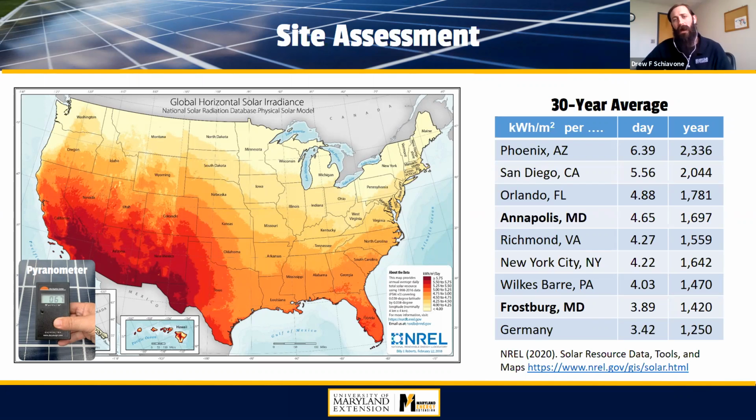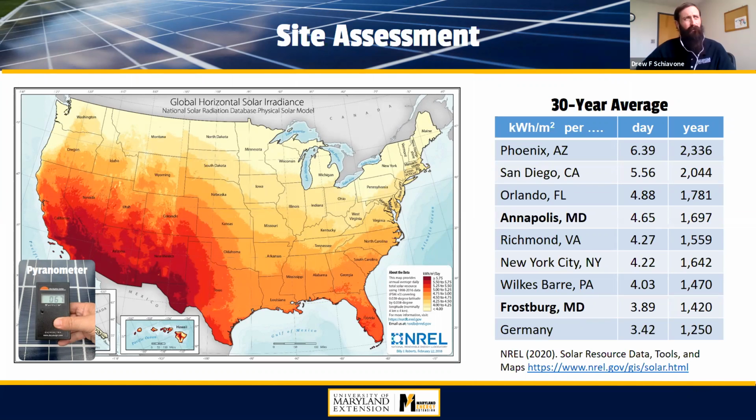The one thing I will point out is a common example that's brought up: what's happened in Germany. Germany, if you look at the bottom of the chart, and it's not shown on the map, of course, has a much lower solar resource than even Frostburg, Maryland has on average.